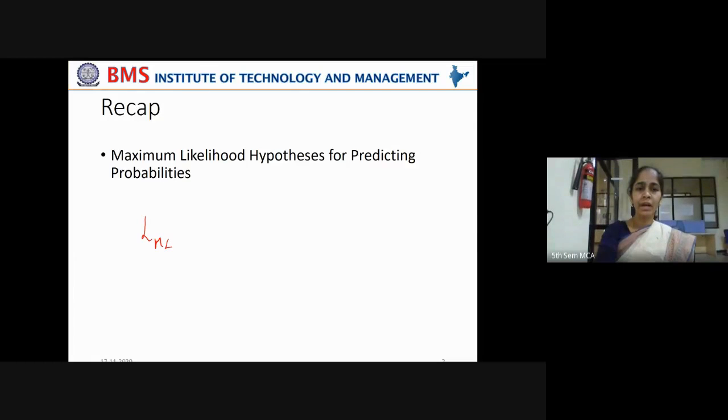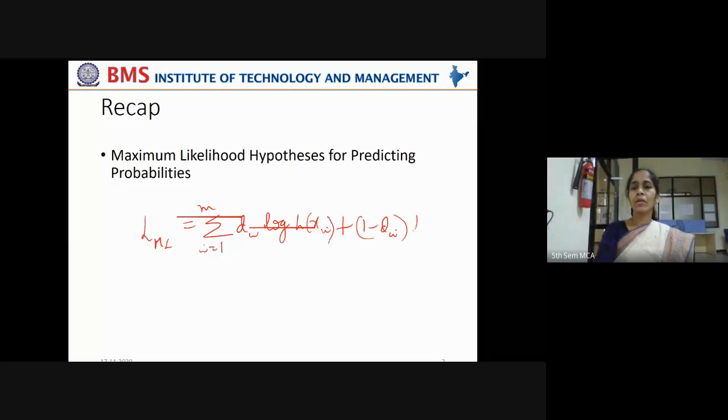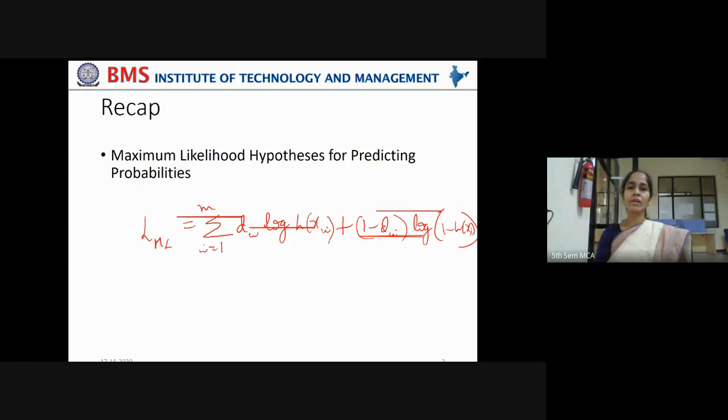H_ML equals sigma i equal to 1 to m of d_i log h of x_i plus (1 minus d_i) log (1 minus h of x_i). This we have understood as the maximum likelihood hypothesis, right?